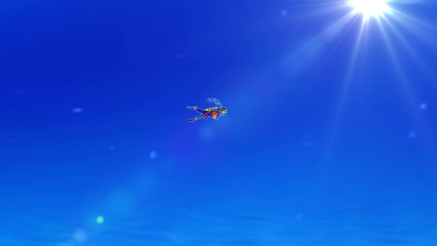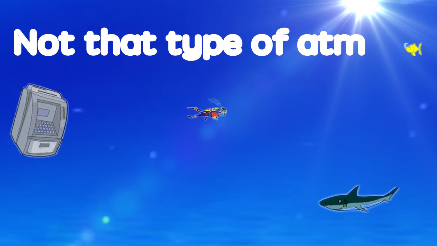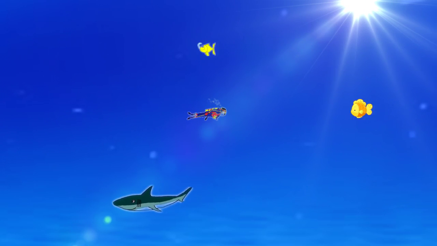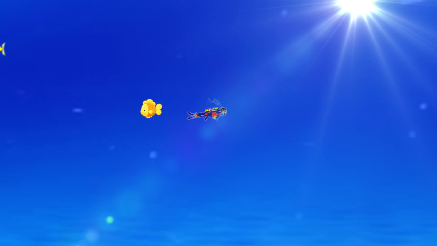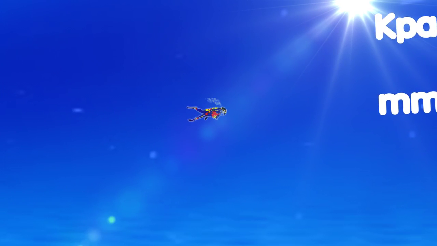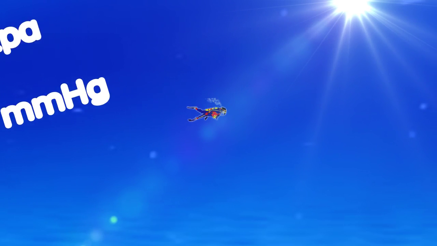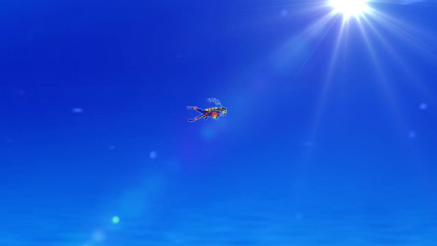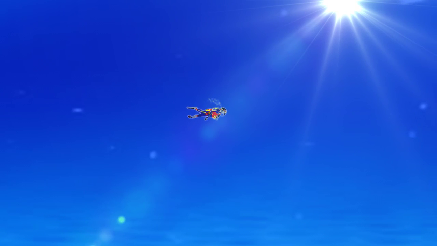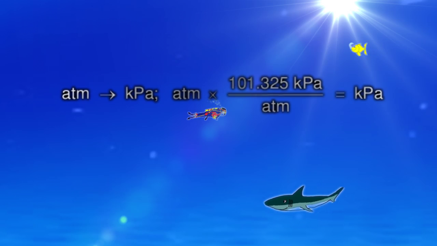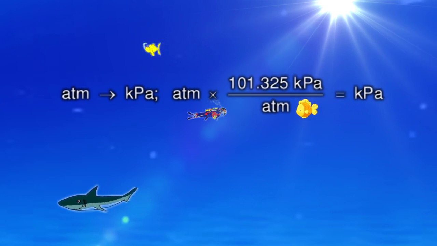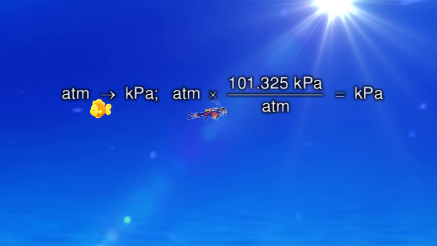For the examples later in the video, the unit of pressure that will be used is ATM, which is one of the few measurements of pressure. The other units of pressure include kPa and mmHg. To convert between each unit is actually quite simple. To convert from 1 ATM to kPa, you simply multiply the ATM by 101.3.